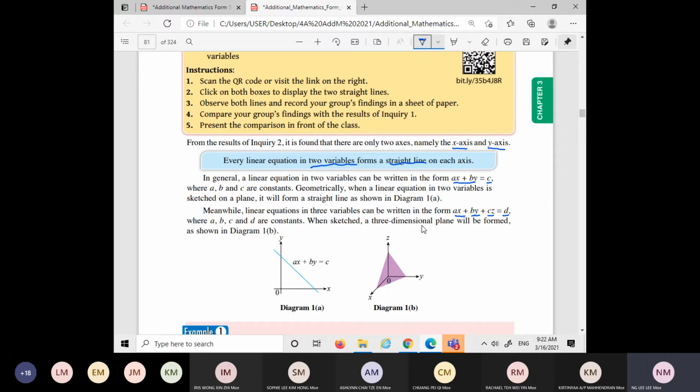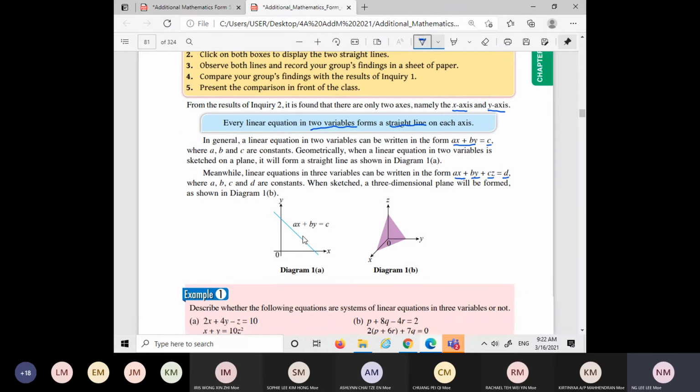When sketched, a three-dimensional plane will be formed, as shown in diagram 1b. So this is the difference between the two variables and the three variables.